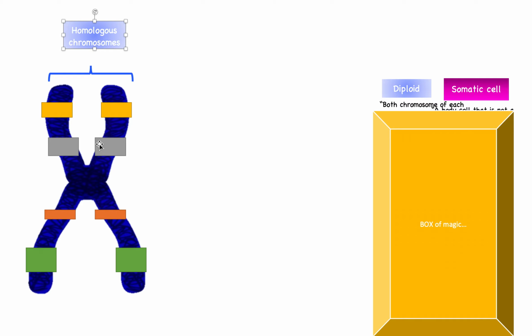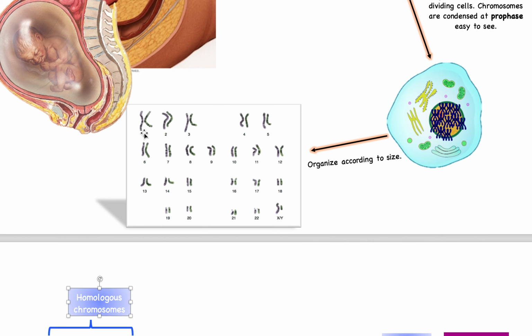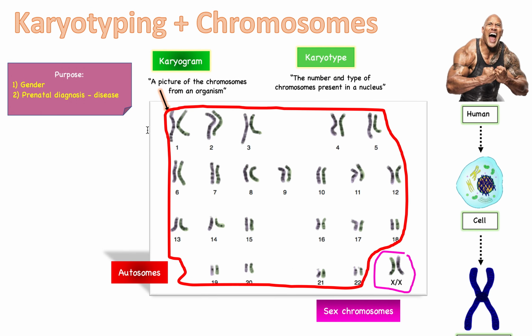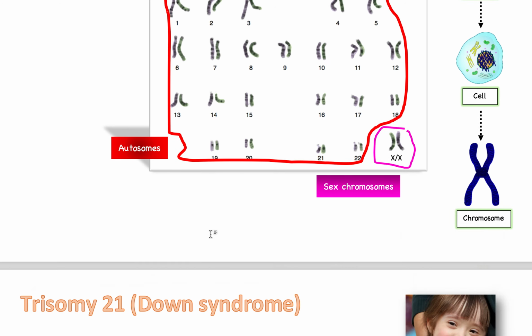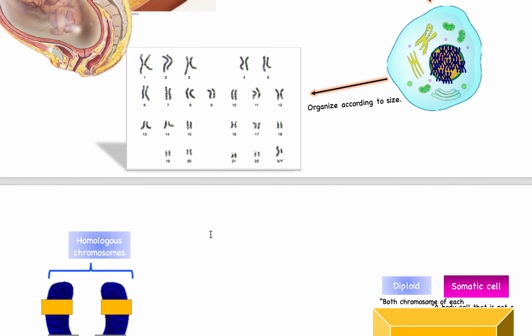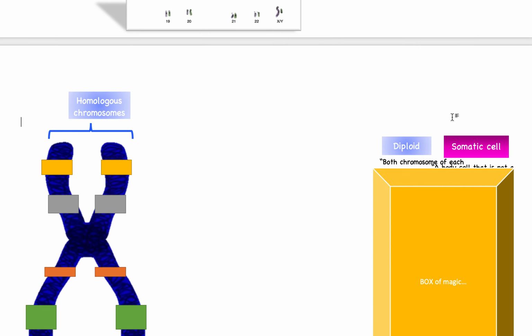It's still the same function, but they might have slightly different alleles or characteristics, like your mom might be short and your dad might be tall, or vice versa. So that's what homologous chromosomes mean, and that's what we see here on a karyotype, okay? So these are all homologous chromosomes. There's one from your mom, one from your dad, and they have the same function. That's what homologous chromosomes mean.